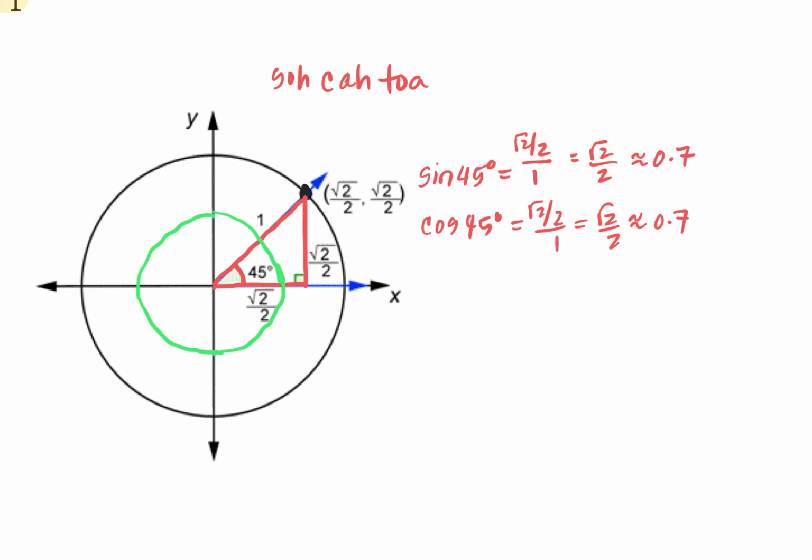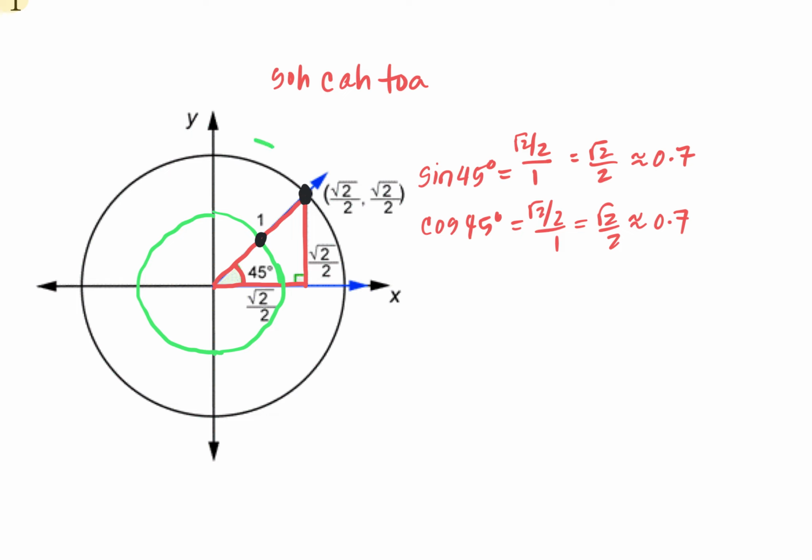Notice that the point I chose, the square root 2 over 2, square root 2 over 2, was the halfway point in the first quadrant of that unit circle. If I decrease the radius and I look at where the ray intersects this smaller circle, it's still the halfway point with respect to this smaller circle in the first quadrant, but notice the angle did not change.